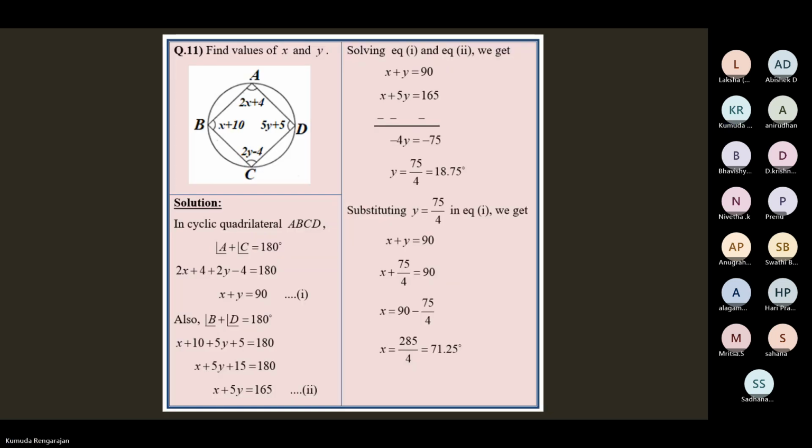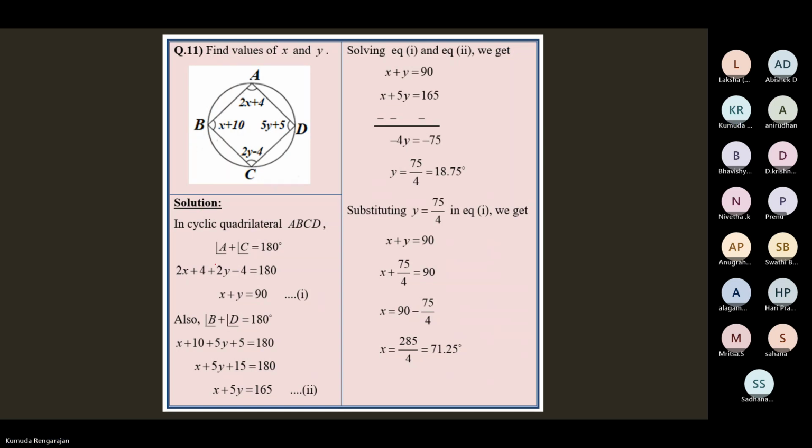So this one is using the property of a cyclic quadrilateral. Opposite angles are supplementary. So you have to construct two equations and solve them. Angle A plus angle C is equal to 180. Angle B plus angle D is 180.